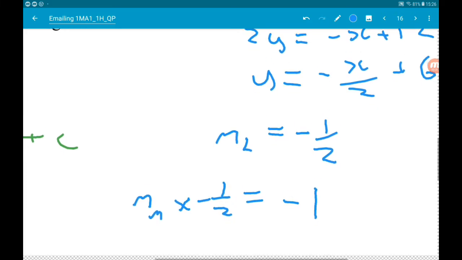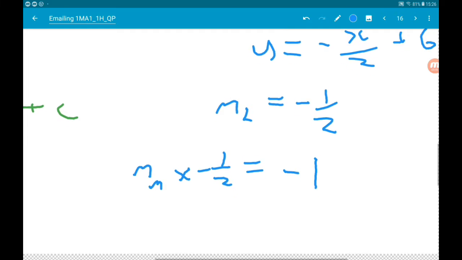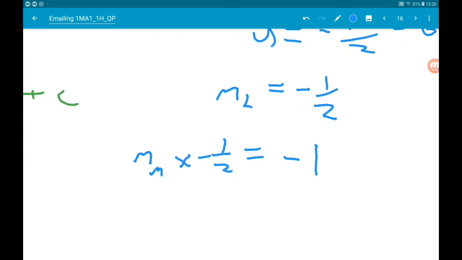So if we divide by minus 1/2, or if you prefer to think of it maybe as multiplying both sides by minus 2, we get the gradient of M is positive 2.